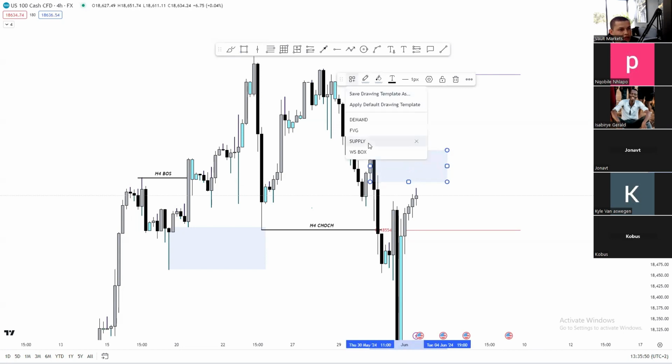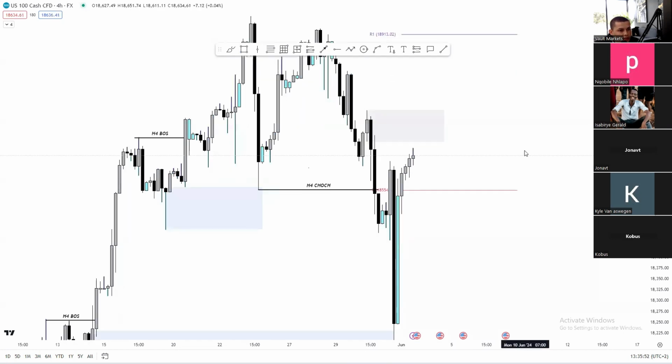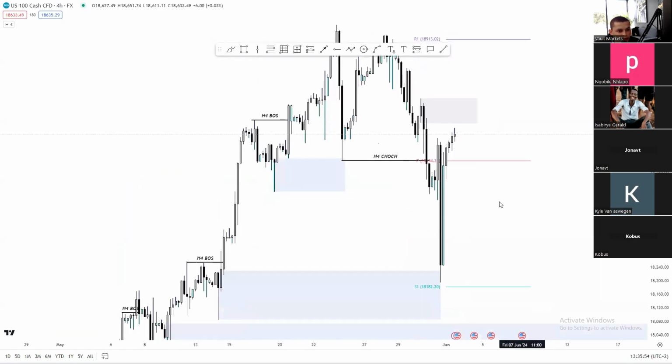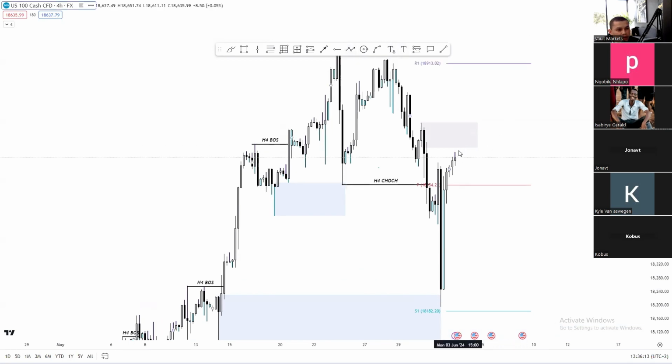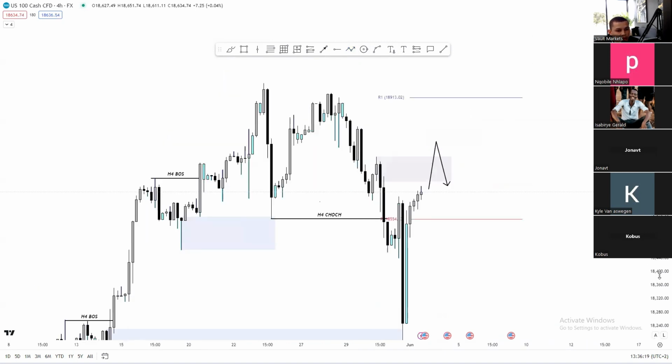Now the next thing we'd expect price to do is to tap that zone, have a retracement, either when we come back to this level, tap into a smaller time frame demand, then move up. That is the idea. Or alternatively, we will see price disrespect this level. Let me make an example real quick.